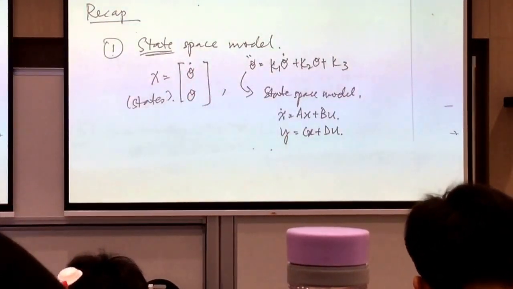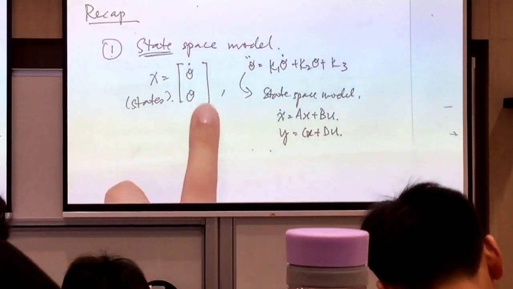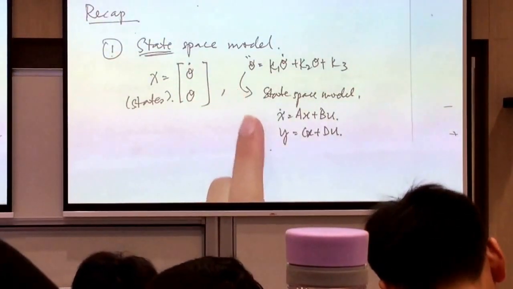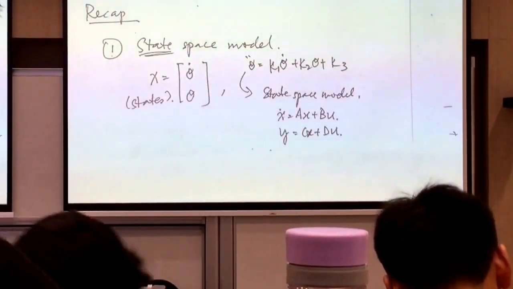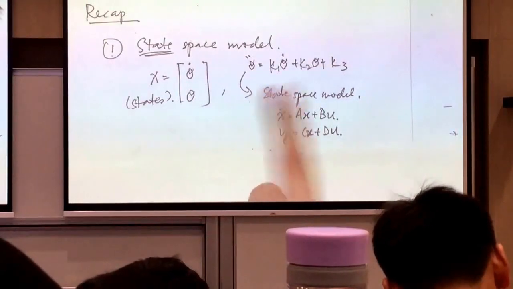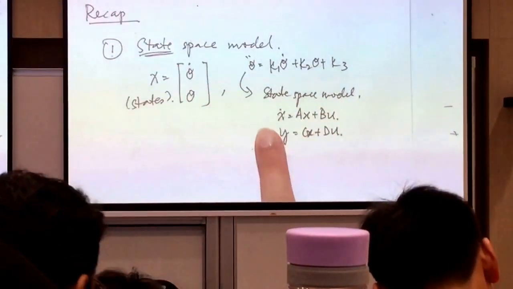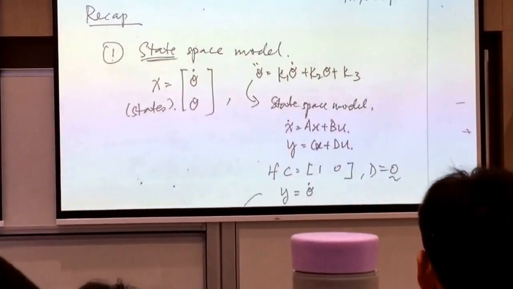So for every state space model, we look at the states. States can be angle, and we have change of angle. Every time you have states, of course there have to be dynamics, so the differential equation is something like this. And the state space model is always this: x dot equals Ax plus Bu, and y equals Cx plus Du.